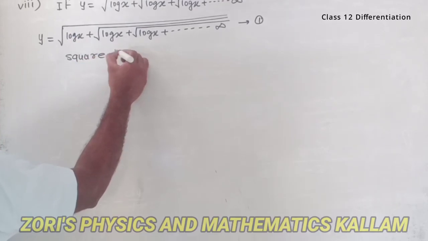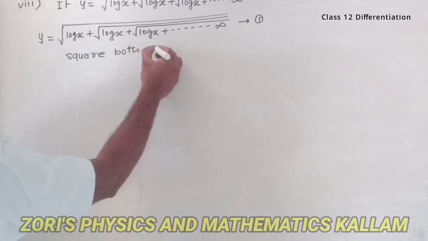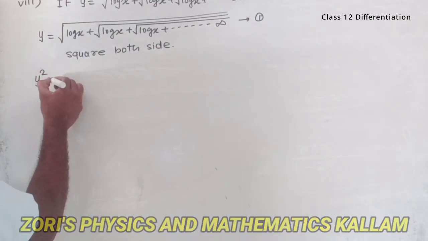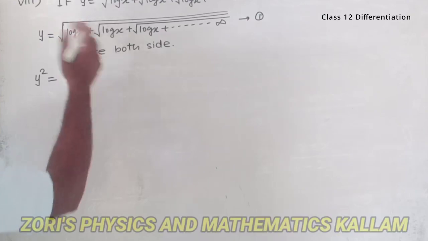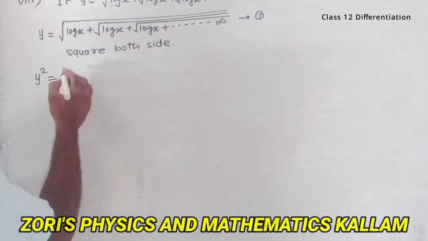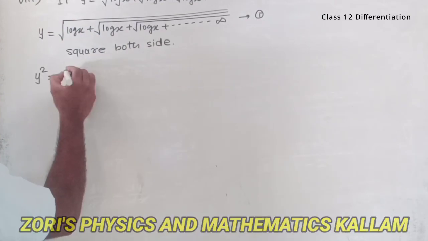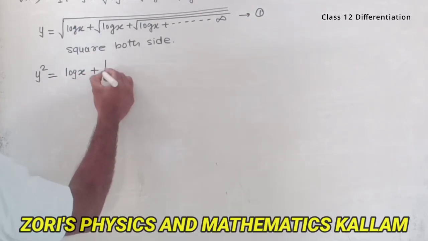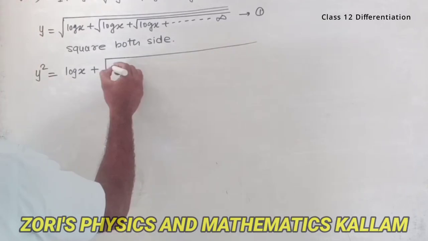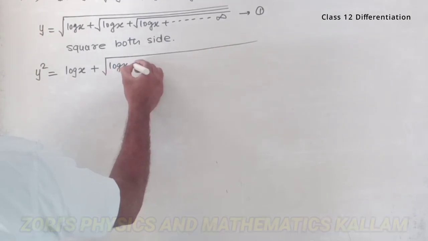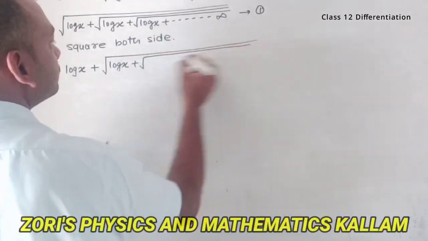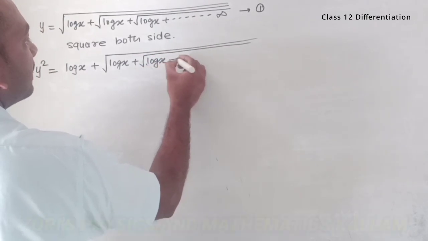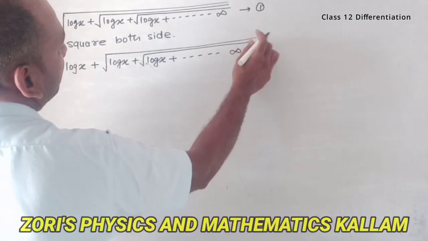As we make the square, we have y square is equal to, this first root is removed here due to the square, log x plus square root of log x plus square root of log x plus ... infinity.